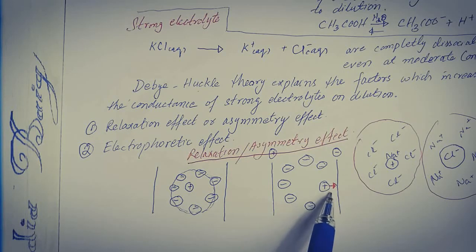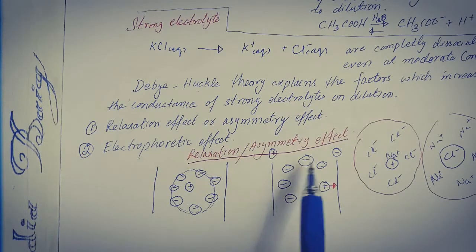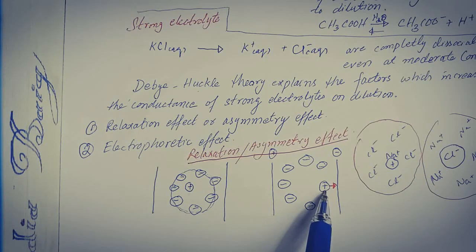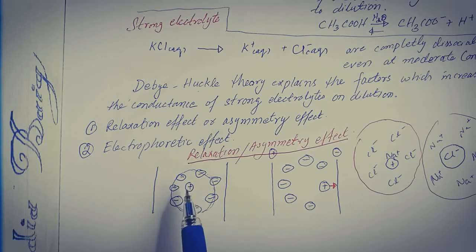During this movement, it has to rebuild an ionic atmosphere of opposite charge around this central ion. At the same time, the older symmetrical ionic sphere dies out.